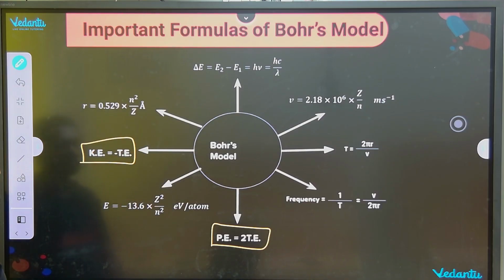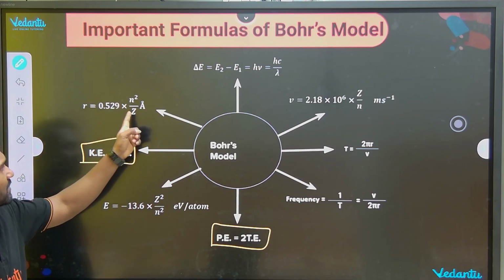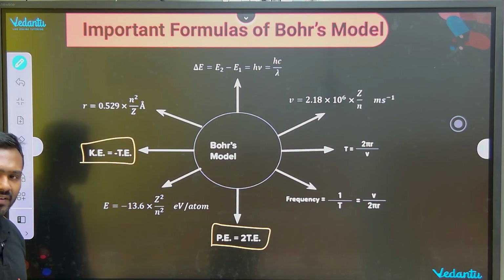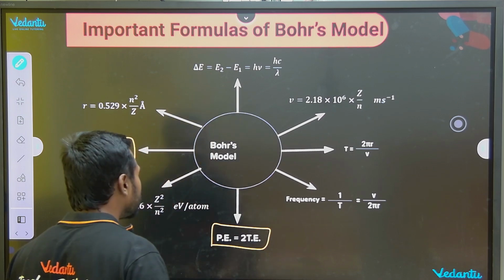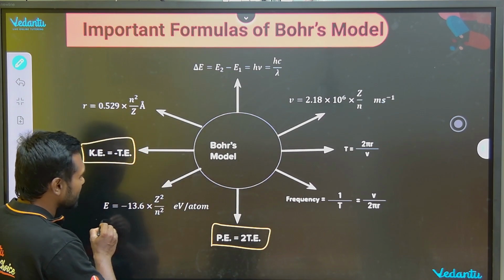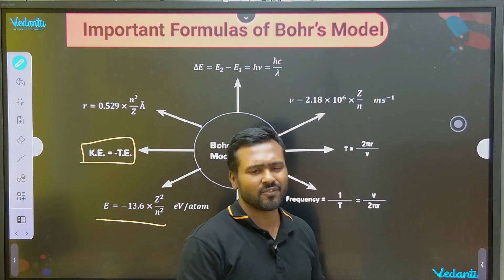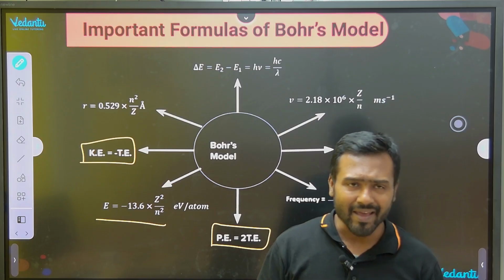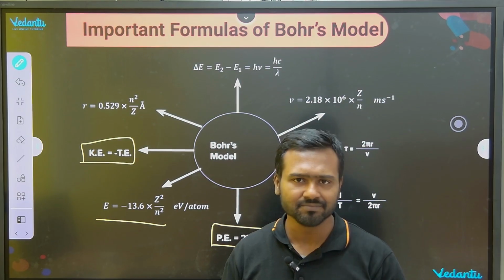Next, radius is equal to 0.529 into n square by z, where n is the orbit number and z is the atomic number. For hydrogen, we take its value as 1. And energy is minus 13.6 into z square by n square, in electron volts. If you want it in joules, you take minus 2.18 into 10 to the power of minus 18 joule per atom.